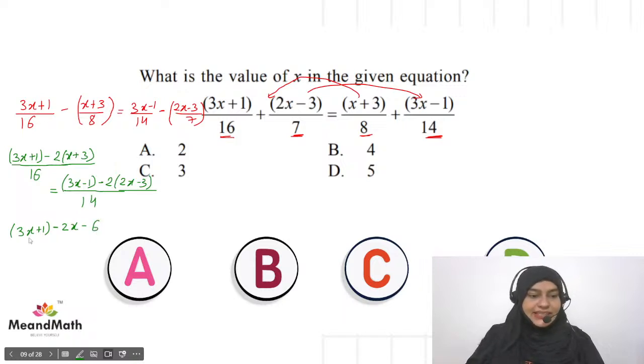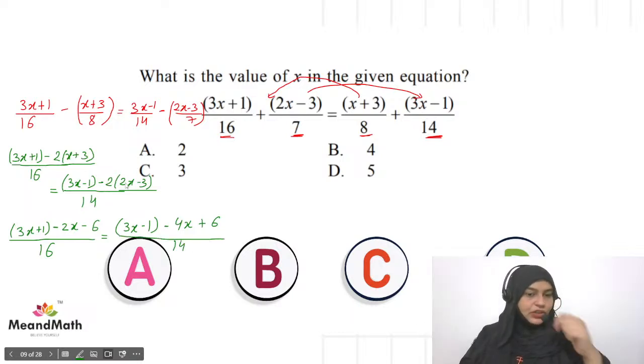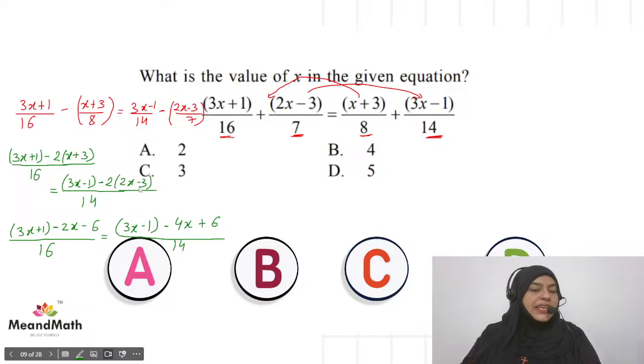It will be 6 divided by 16, which is equal to, yes, you can do it by taking the common LCM also, of course. 3x minus 1 minus 2 times 2, 4x, and this is negative, so it will be positive. 2 times 3, 6. That will be divided by 14. Right? 2 twos are 4, minus 4x. 2 times 3 is 6, plus 6.